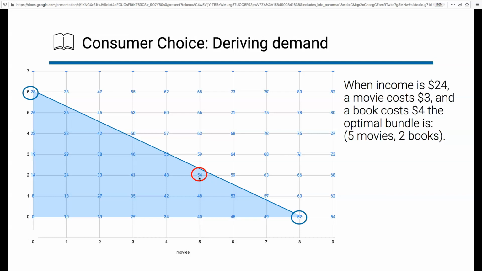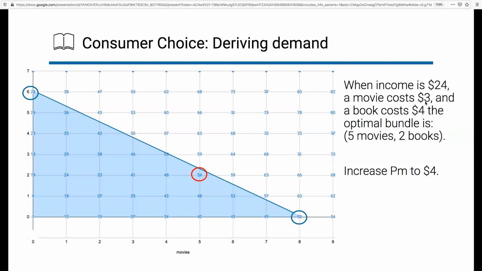So for instance, if we want to derive the demand for movies, we're going to keep income the same. I'm going to have it fixed at 24. We're going to keep the price of the book at 4, and we're going to fluctuate the price of a movie. For instance, let's increase it from $3 to $4. Increase the movie price to $4.